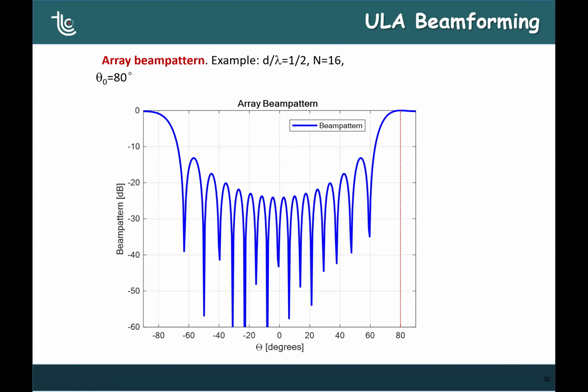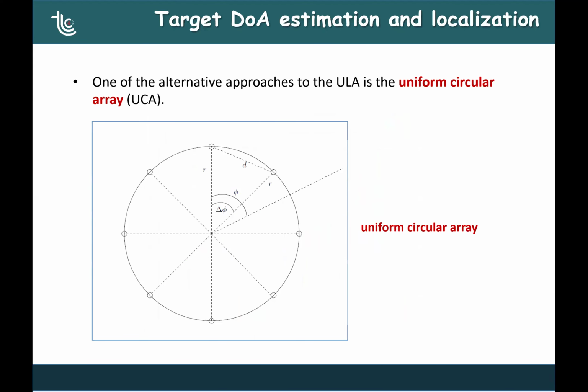So here we have this problem of the broadening of the main beam. And here with the circular array, we don't have this problem.